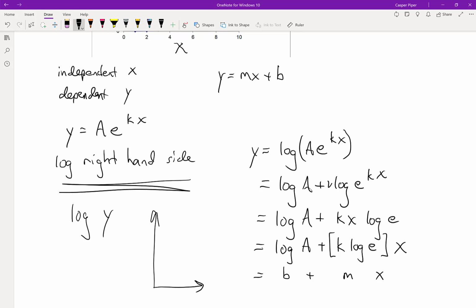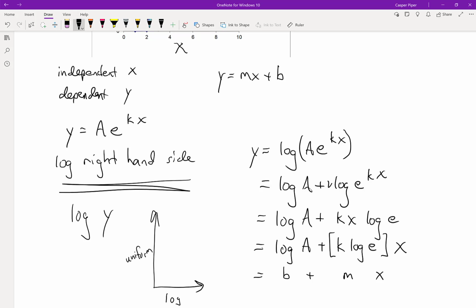The x-axis was straight. Of course, you can do it the other way, but in that case, your function would be y equals a log kx, and then you would get a straight line. But in that case, this would be the logarithmic side, and this would be the uniform side.